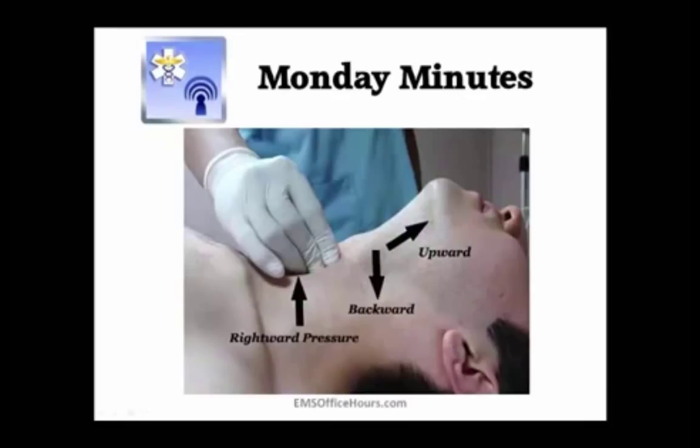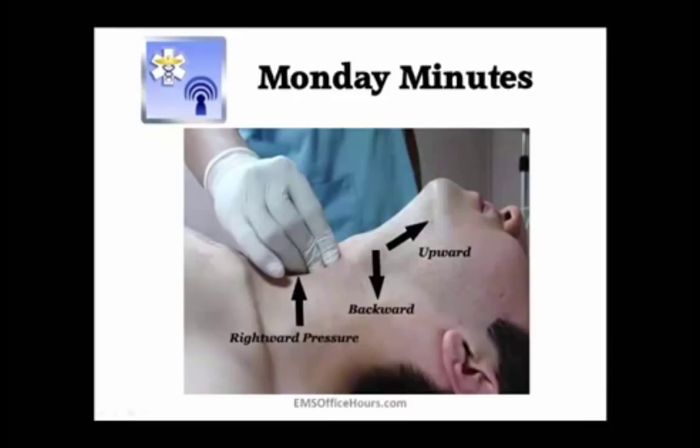Then you add that movement of the larynx in a superior motion, or upward, and then you displace it towards the right. So again, backward, upward, rightward pressure of that larynx. And this is going to wind up displacing the thyroid cartilage in a way where the larynx is pressed against the cervical vertebrae and able to bring those vocal cords into view.